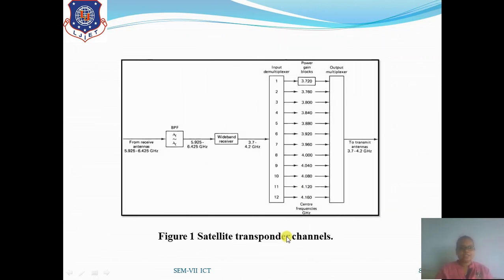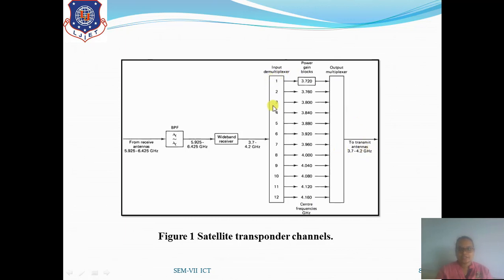Now in this figure you can see the output from the wideband receiver, which is converted from 3.7 to 4.2 gigahertz through this input demultiplexer into the 12 channels, from 1 to 12, having different frequency blocks, right? And it will be given to the output multiplexer to be transmitted to the antenna.